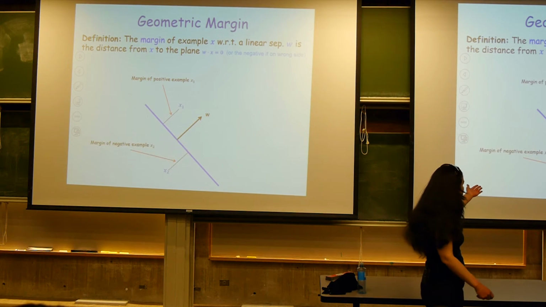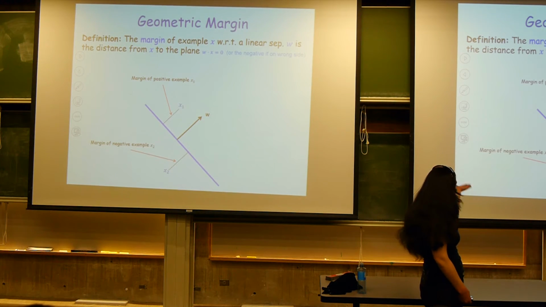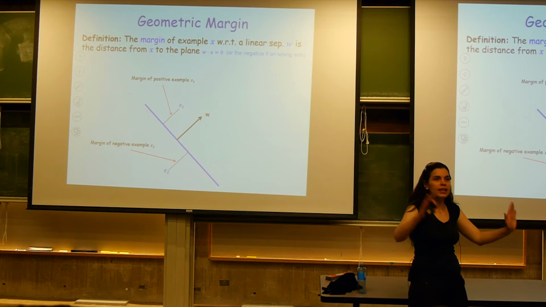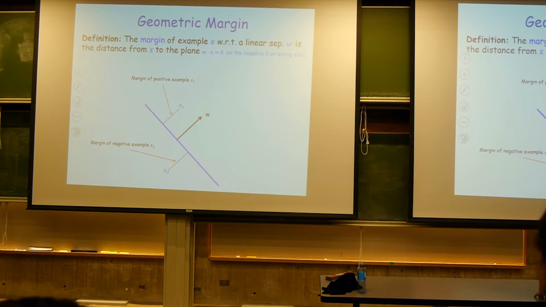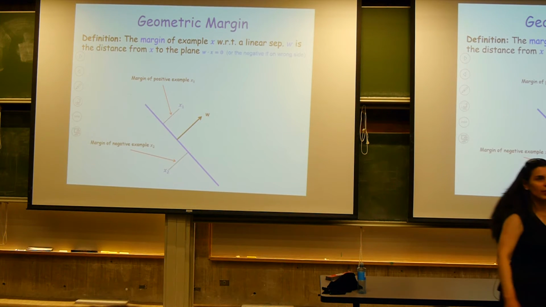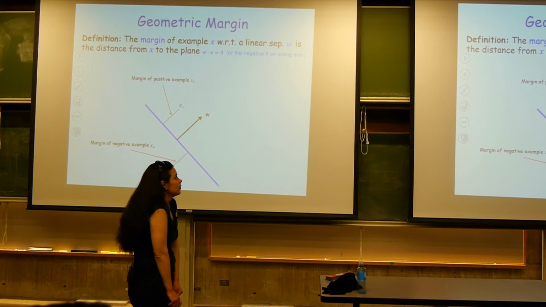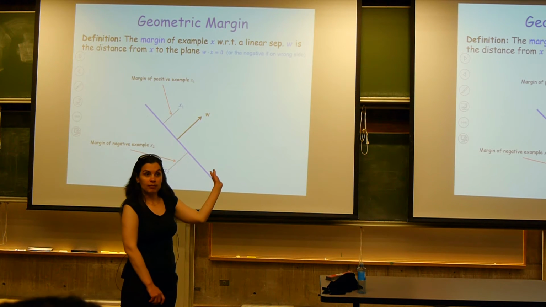And the margin on a negative example, people define it in two different ways. You can define it as the distance or minus the distance. It doesn't really matter. The absolute value of the margin is the distance from this point to the hyperplane under any definition. So the margin is very simple. That's just the geometric margin here in Euclidean space.